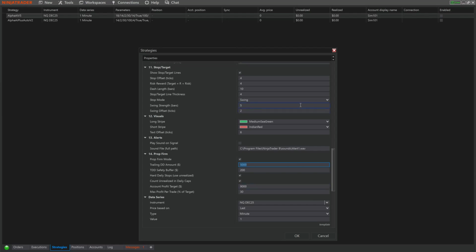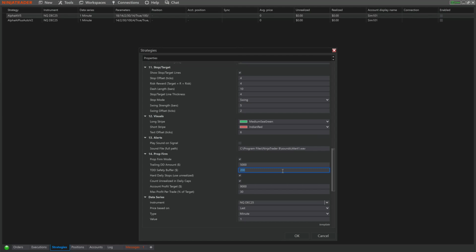And if you are in a specific trade and your trade drawdown reaches this amount, it will stop before reaching it by 200. You can also change it. You can make it 1,000, 500, whatever you want to do. Play with it. So it's not going to wait until it reaches the drawdown and then stop the trade. No, it will actually use the buffer. So the buffer, you can change it. Also, you can play with it and make a new template and see.